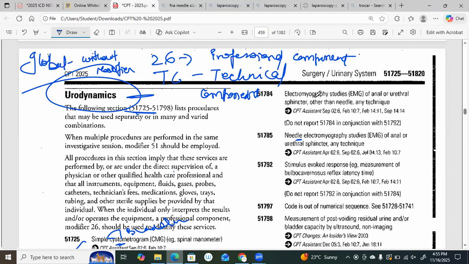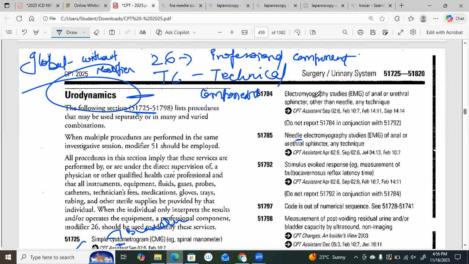Then 51792, stimulus evoked response, also known as SER. It will measure the reflex latency, that is, the latency time when we give a reflex, how latent the responses are. That way we represent it with 51792.